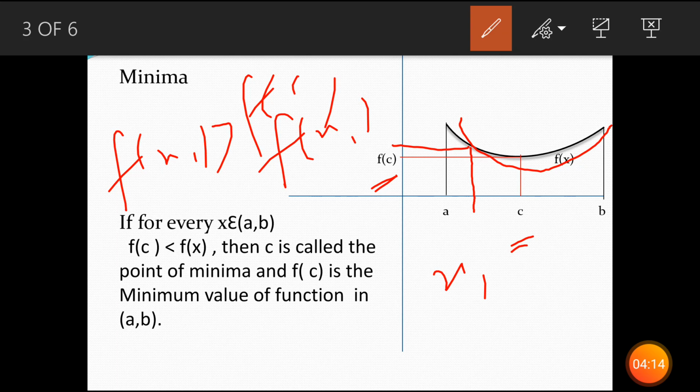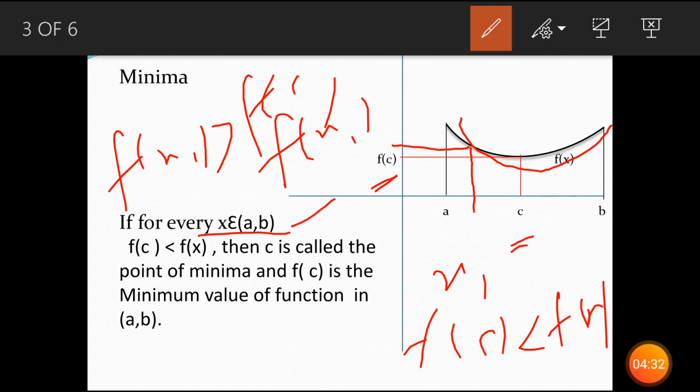It means that in this interval, if we choose any x belonging to (a, b), then f(c) is always smaller than all the f(x) for x belonging to this open interval (a, b). Then c is called the point of minima, and f(c) is the minimum value of the function in this interval. So this is called minima, and that is maxima.